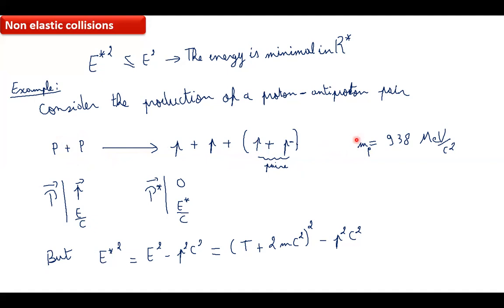As you know, the mass of a proton is 938 MeV/c². So let's find the threshold energy of this reaction, or the minimum kinetic energy of the incident P in order to produce this extra pair of proton and antiproton.